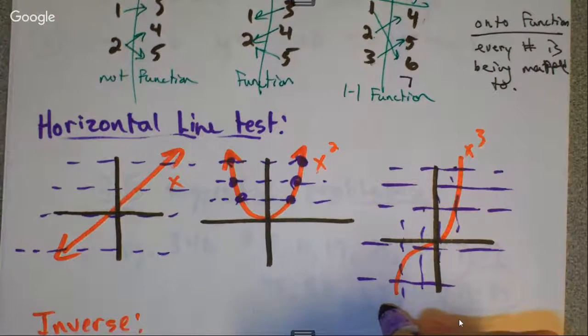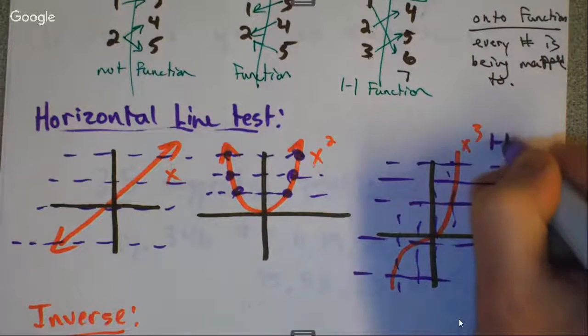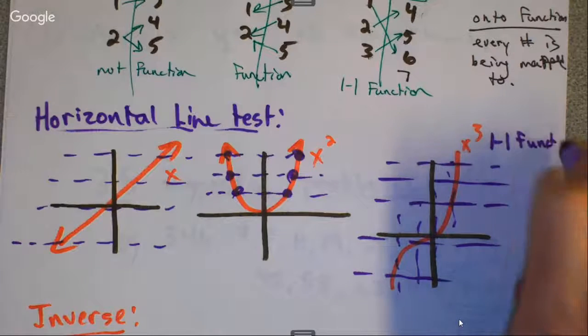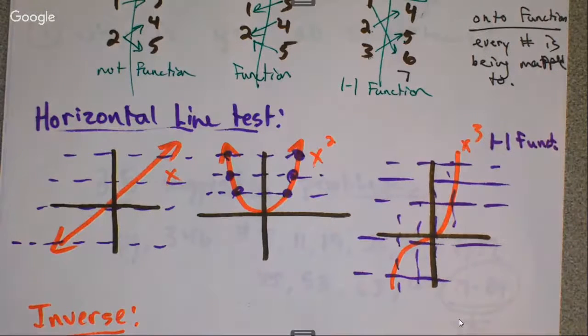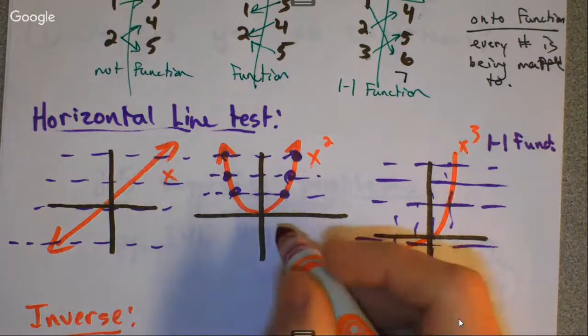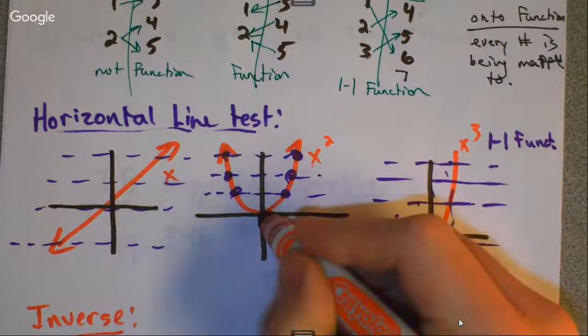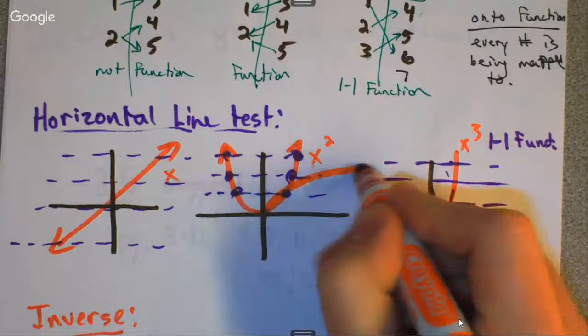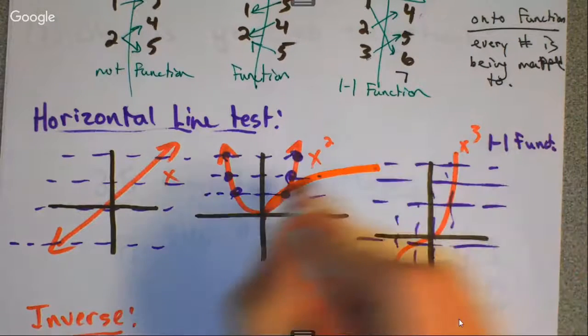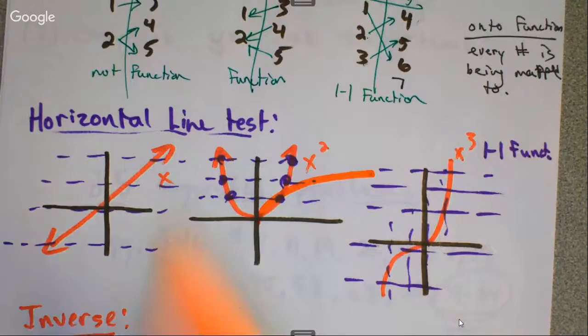So x to the third is a one-to-one function. We could look at others, like the square root of x, which looks something like that. It passes the horizontal line test, so it's fine.